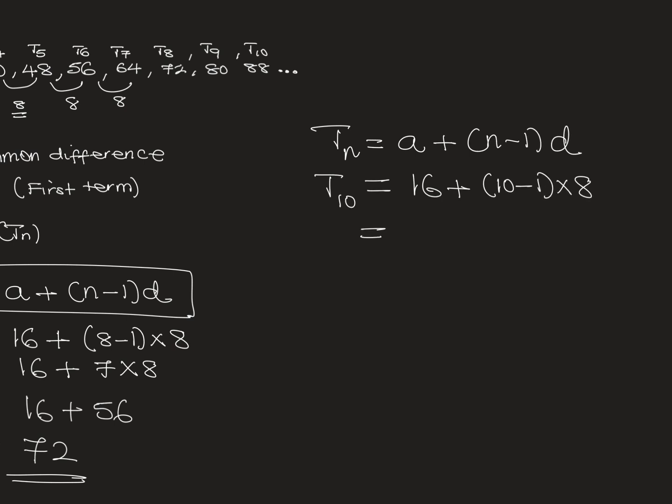So that will be 16 plus 10 minus 1 is 9, then times 8. So that is 16 plus 9 times 8 is 72. So 16 plus 72 is 88. As you can see, that is the 10th term of this sequence.